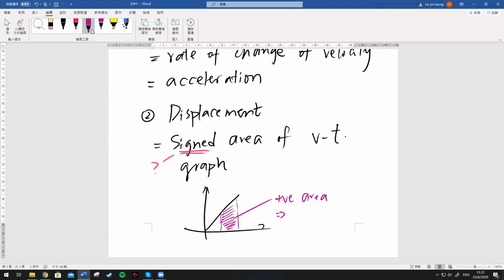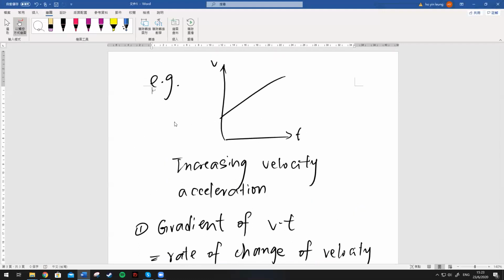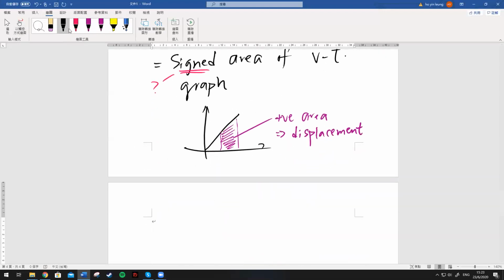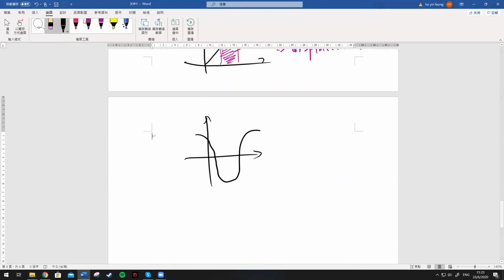But how about the case when your graph looks like this, where somewhere it goes below the x-axis? This area we say is a negative area. So if the actual area of this is 2, then we say the displacement is -2 over this period of time.